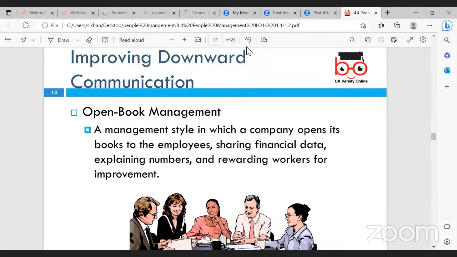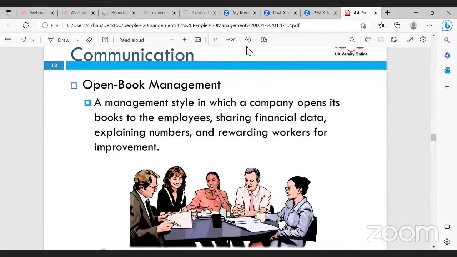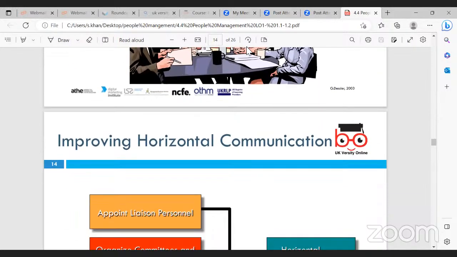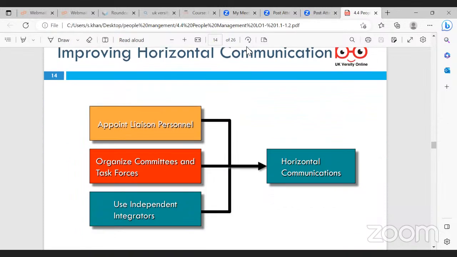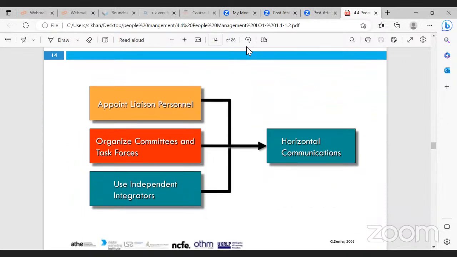Okay. So again, we look at improving horizontal communication. In regards to horizontal communication, we would appoint liaison personnel, someone who organizes committees and task forces, and use independent integrators.